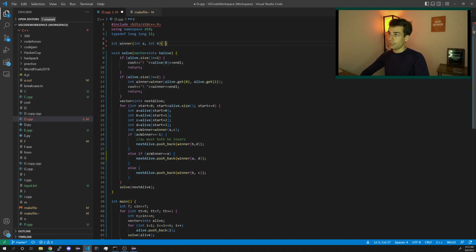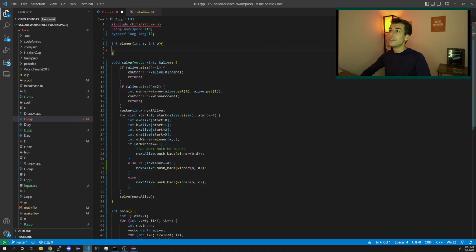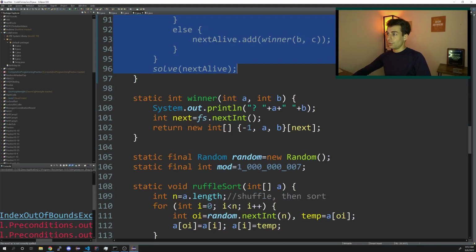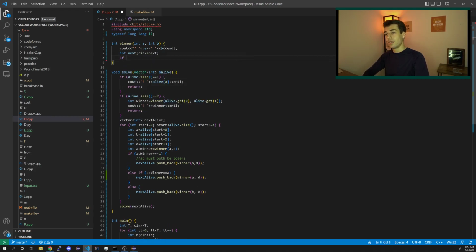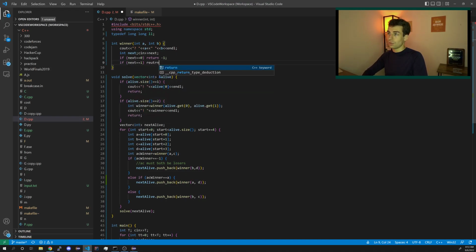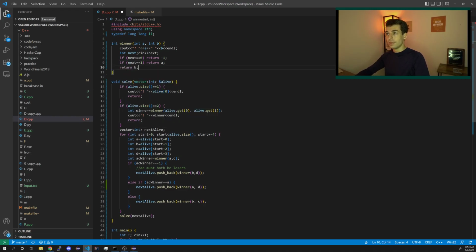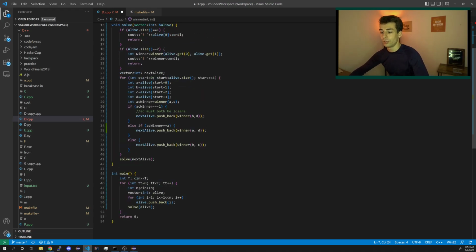int winner. int A. Okay. So cout question mark A space B and endl, and then int next cin next equals 0, return -1. If next equals 1, return A, else return B. Okay.